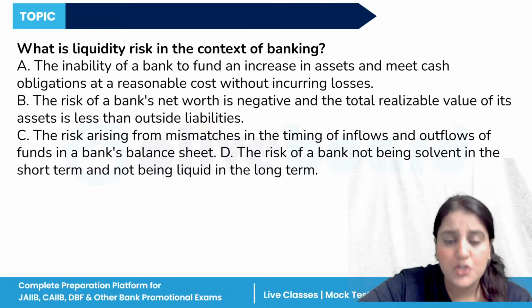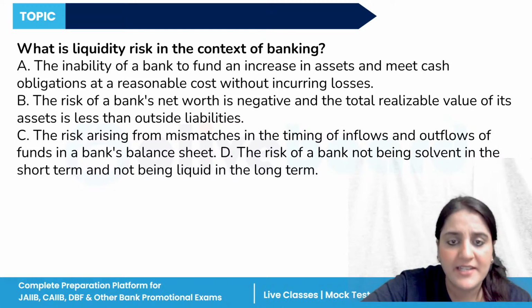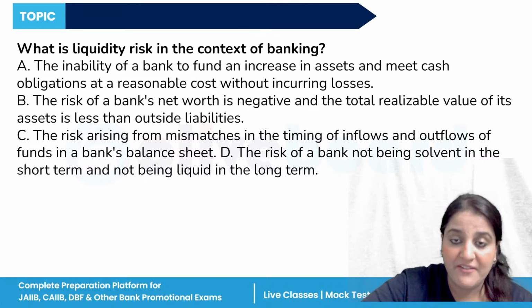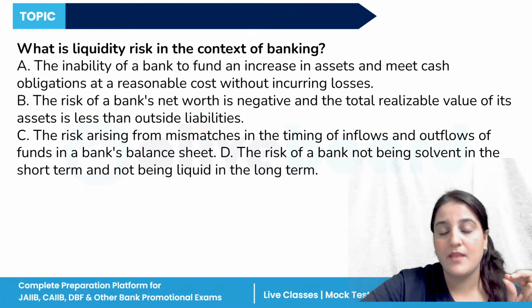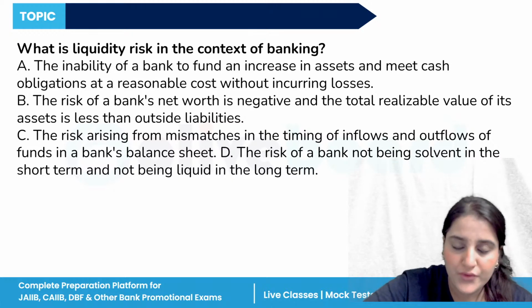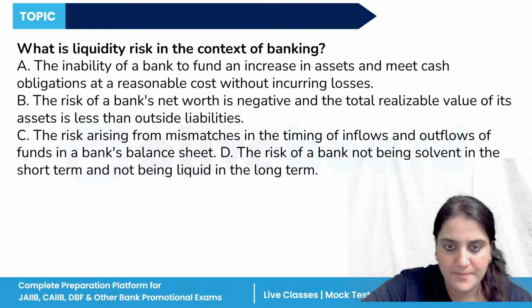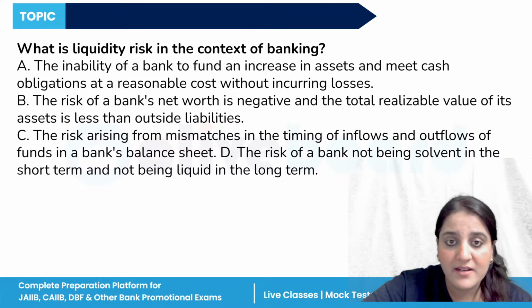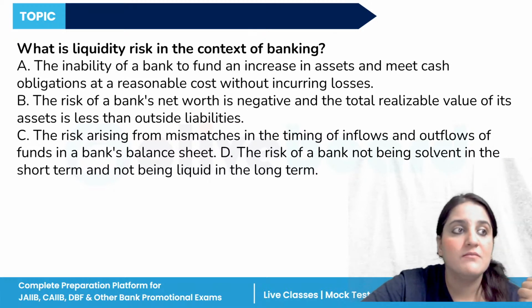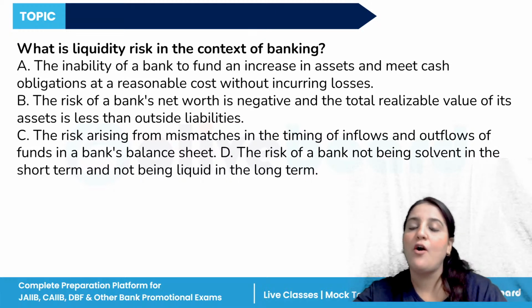See, the inability of a bank to pay its debts when they are due without negatively affecting its financial situation is referred to as liquidity risk. The risk develops as a result of timing differences between inflows and outflows, where obligations are due before or after assets reach maturity, and effective liquidity risk management requires a quick and affordable way to convert assets or increase liabilities to raise enough money to cover all the obligations.